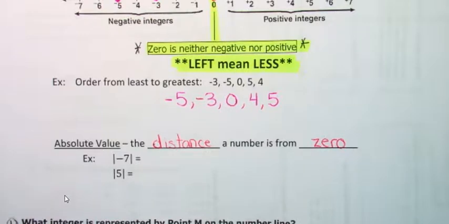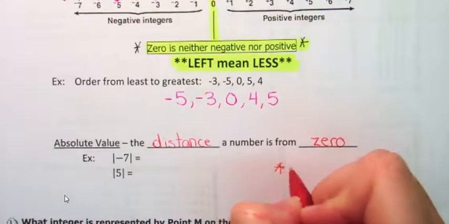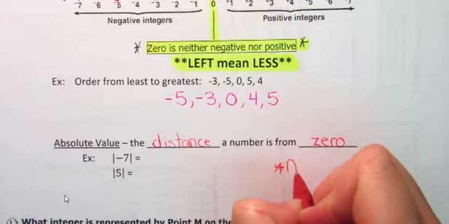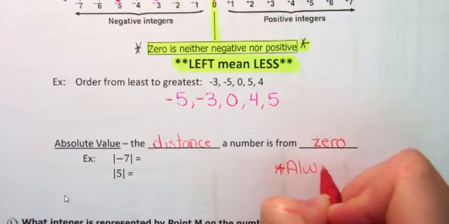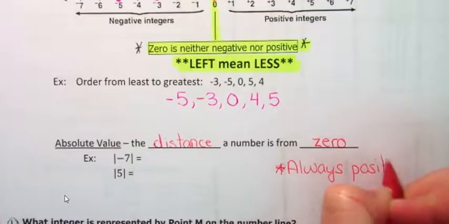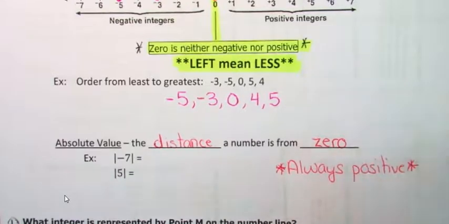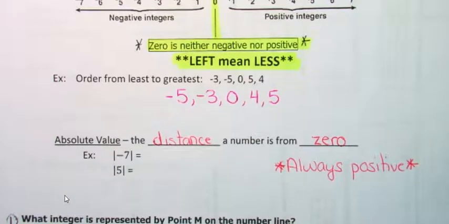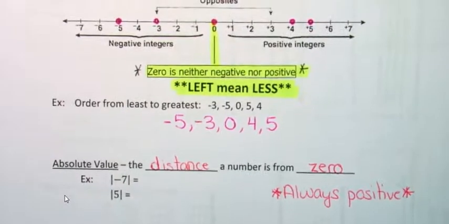And if you remember, distance is always positive. That means absolute value is always positive. So I'm going to add that down here. But it's always positive, because when you count on a number line how far away something is, you can only count positives.